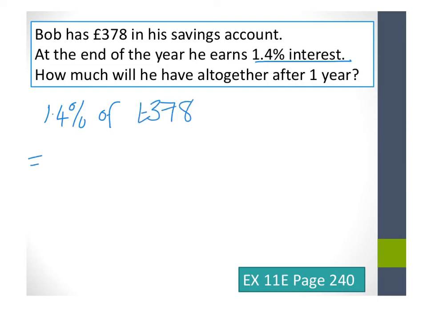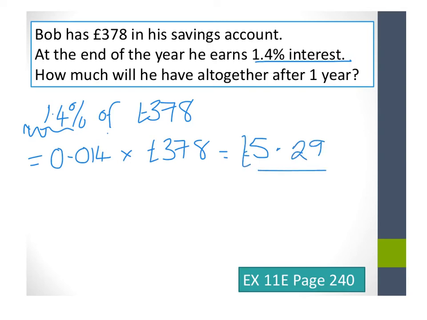So we're going to change this into a decimal by dividing by 100. So 0.014. Of means times. Put that into our calculator, which will give you, rounded to 2 decimal places, £5.29.